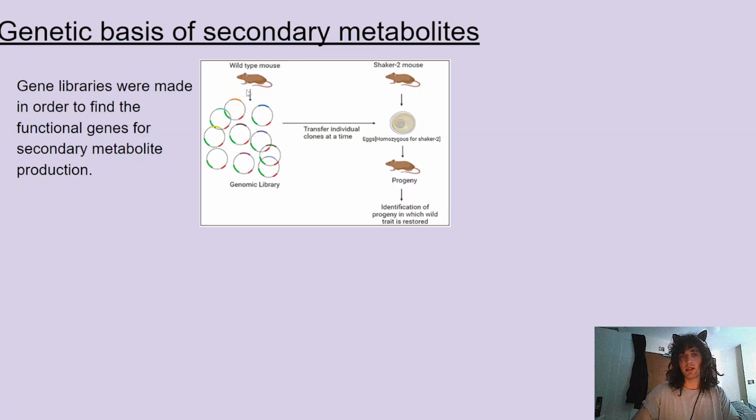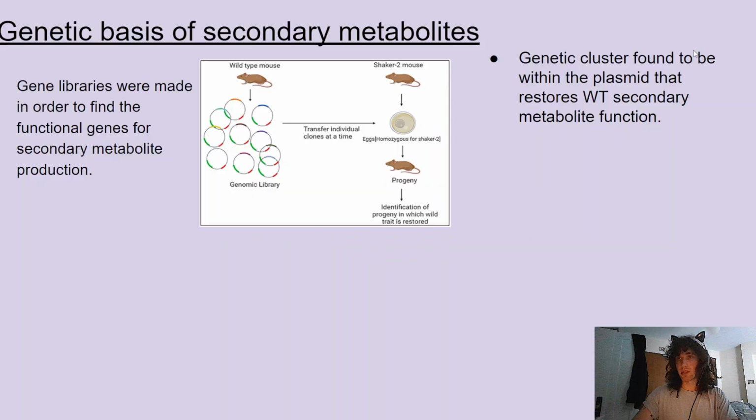It just means the genome of this mold was split into many different sequences, and these were cloned into many different plasmids in order to make a genomic library. And then what we did here is we have a mutant strain which doesn't show the wild type phenotype, and we transform one by one these plasmids into this mold and see if it restores the wild type phenotype. So this is what we did.